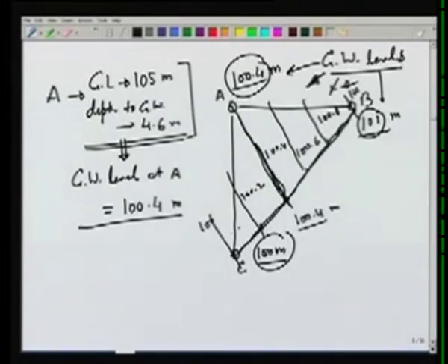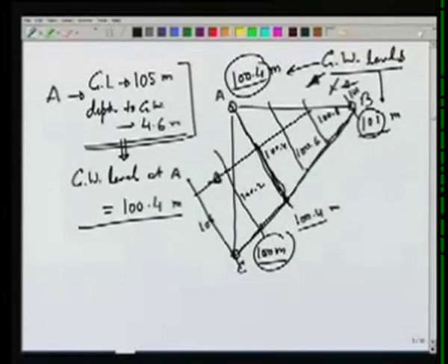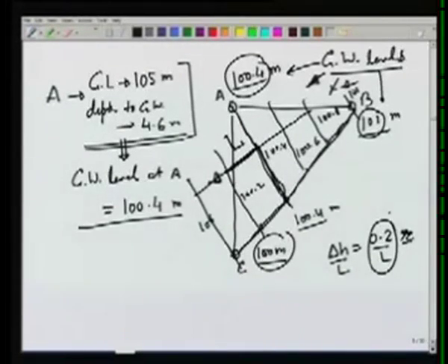So knowing these groundwater contours, we can say that the groundwater flow direction would be perpendicular to these, and we can make a rough estimate of the gradient by measuring this length and saying that the head loss delta H is 0.2 meter in a length of L. So delta H over L will be 0.2 over L.